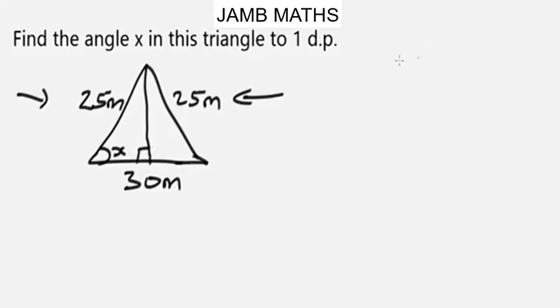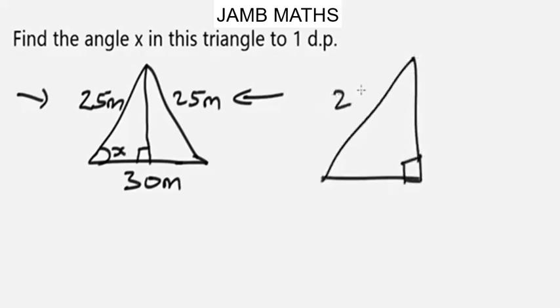Okay, now we have this half of the triangle to be this, so you can choose to draw it here. Okay, all right, so we now have 25 meter here. Now half of 30 is 15 meter, and we're looking for x. So what are we going to apply?